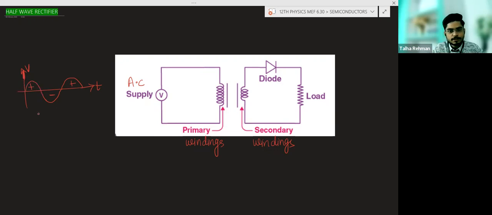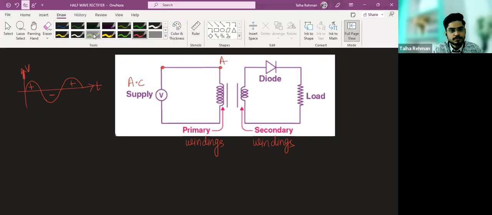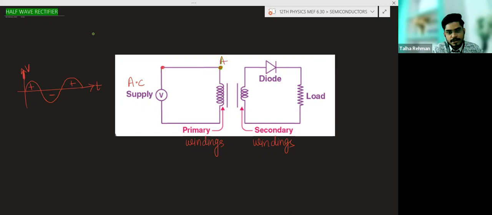take two points. Suppose this point is point A, and this point is point B. So what will happen during the positive half cycle?